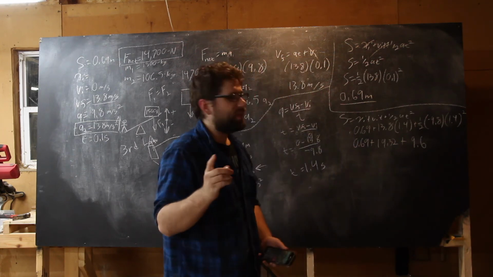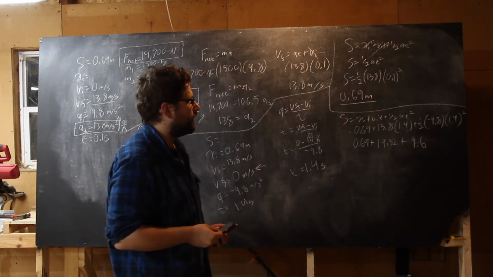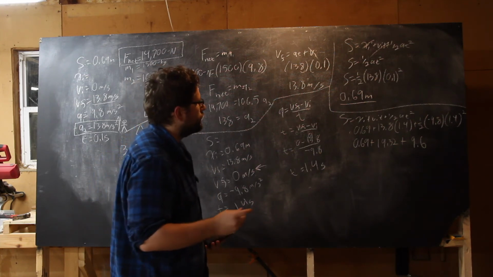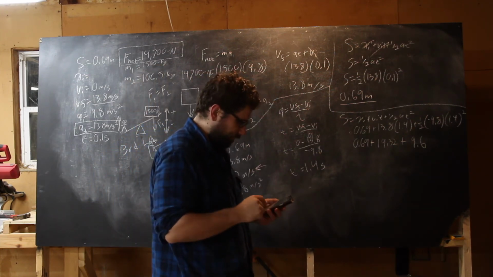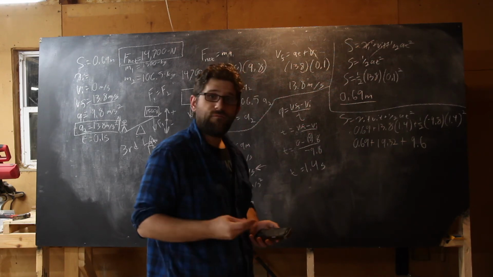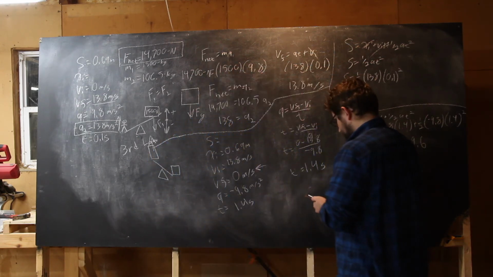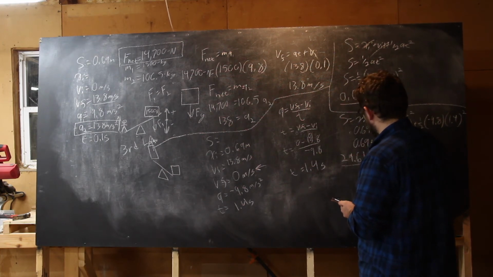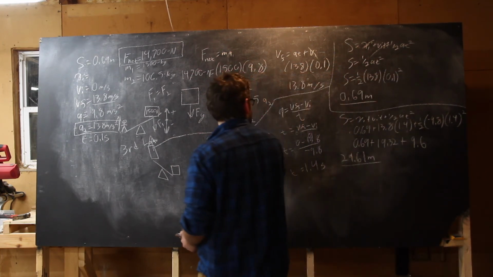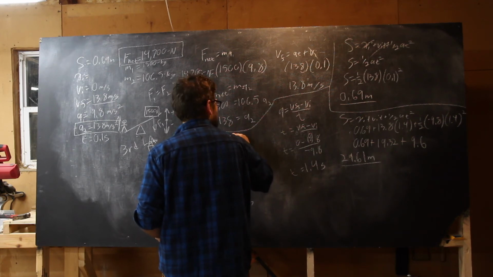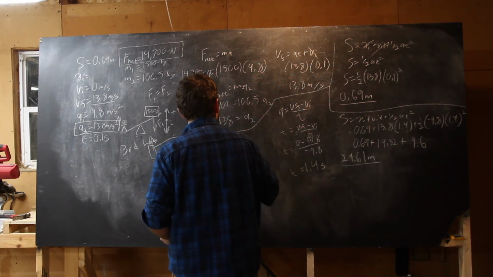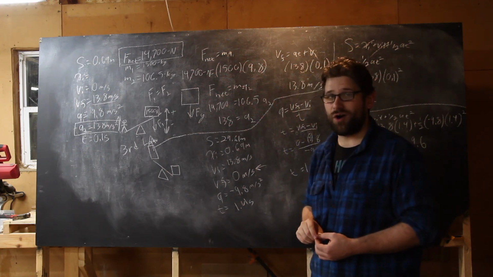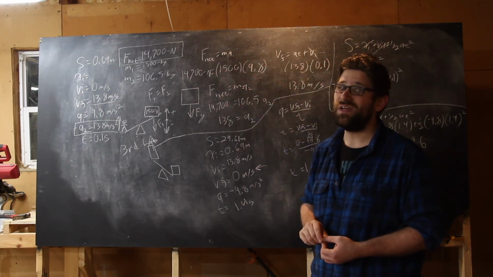Okay, so once we simplify that down, we end up with 0.69 plus 19.32 plus 9.6. So let's add them all together and find out what our final position is. Our final position is 29.61 meters. Now that is actually a pretty high distance, 29.61 meters. I'd probably survive that fall back to the earth, but definitely gonna break an arm or a leg or at least a few ribs.